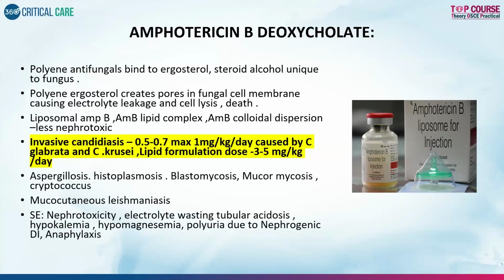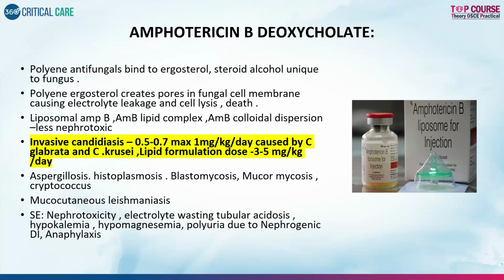So why is it different? Why do we need to have this liposomal amphotericin B? Because it is less nephrotoxic. Very good. Why is it less nephrotoxic? Usually this amphotericin is also made up of lipids.